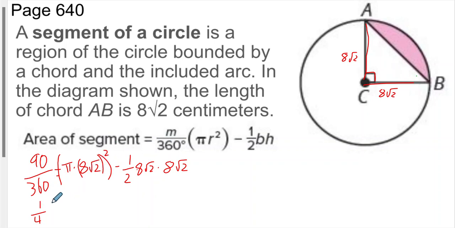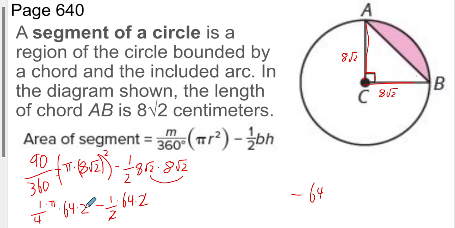Then I can write pi times 8 squared, which is 64, and the square root of 2 squared is 2. Subtracting 1/2 times 8 squared, which is 64, times the square root of 2 squared, which is 2. Further simplifying, I can cancel these 2's out, and I'm left with just a minus 64.